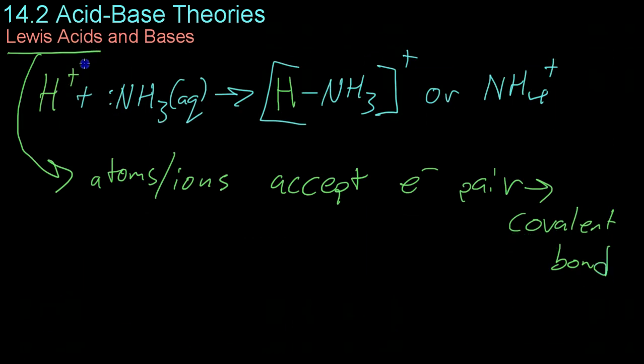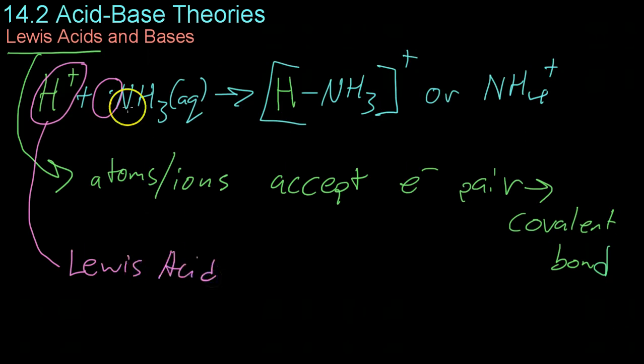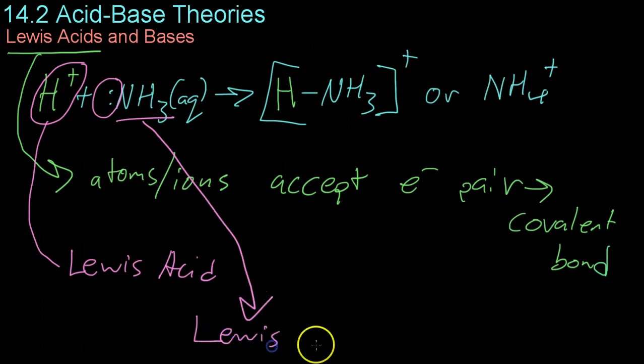And just to label the parts of this reaction, because this hydrogen or proton accepts the electron pair right here, this hydrogen atom, or hydrogen cation rather, would be what is known as the Lewis acid. Likewise, because the ammonia gives up its electron pair, it would be the Lewis base.